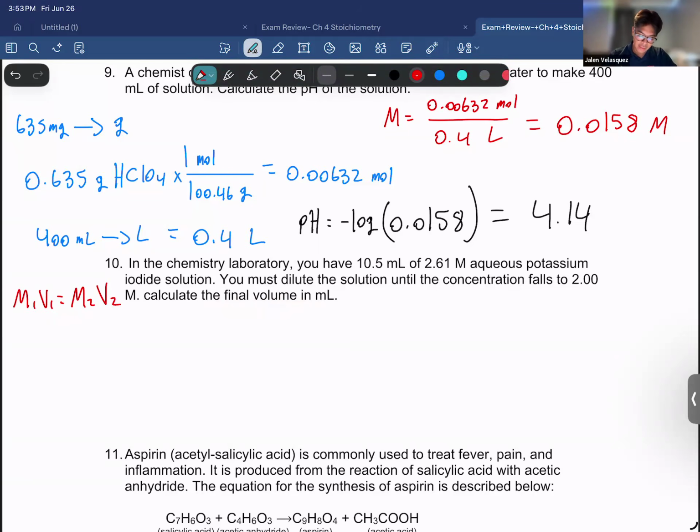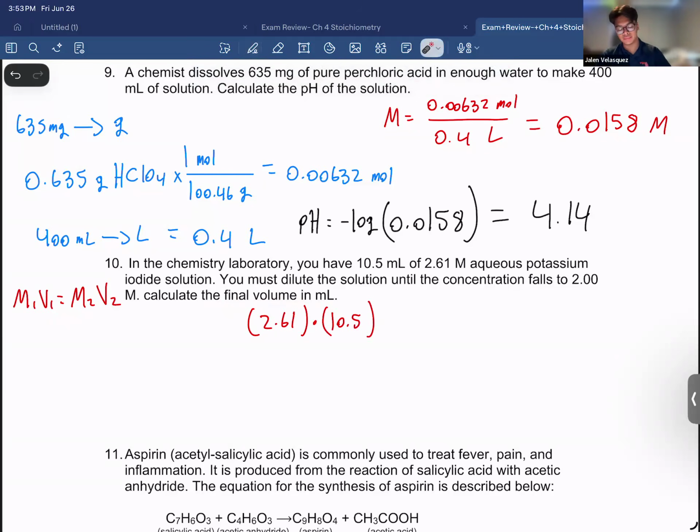So M1 is gonna be the 2.61 times V1, which is 10.5 milliliters. And just a point about dilution here.